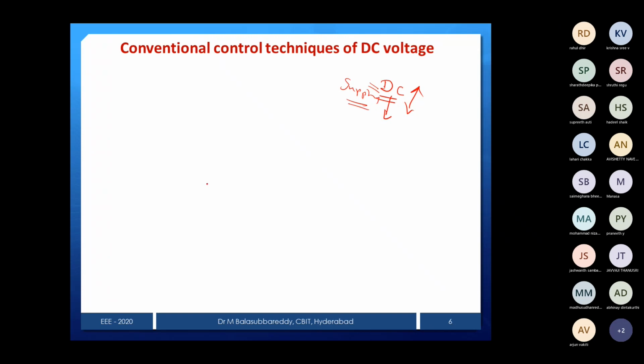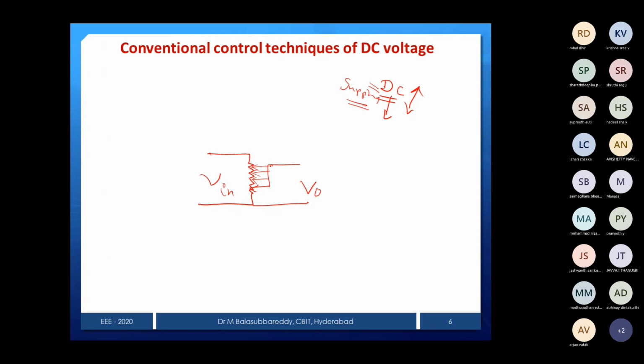In the olden days there was a supply and we used a rheostat, something like this, and then you get a variable point. This we call V out, and this we call V in. How is the voltage going to vary now? By varying the resistance value, your output varies.